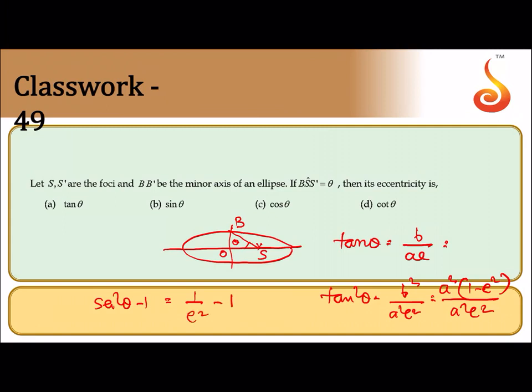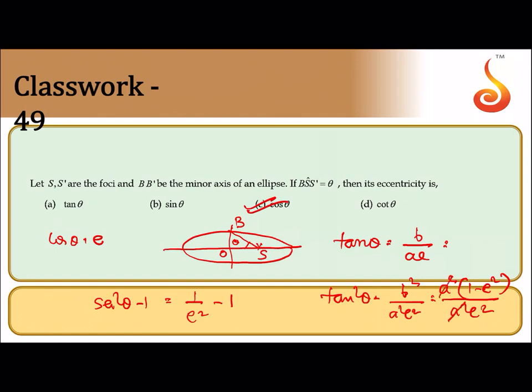So from this we get secant square theta minus 1 is equal to 1 by E square minus 1. If you simplify, we get cos theta is equal to E. So option C is correct.